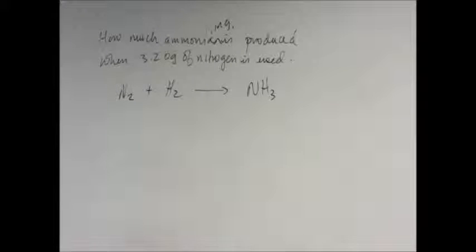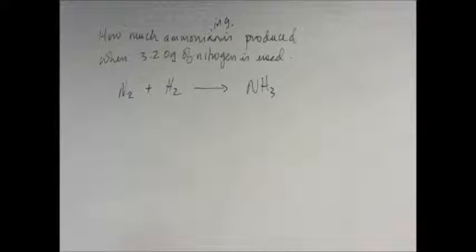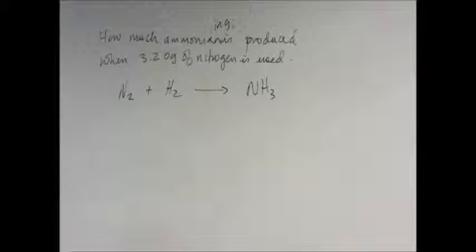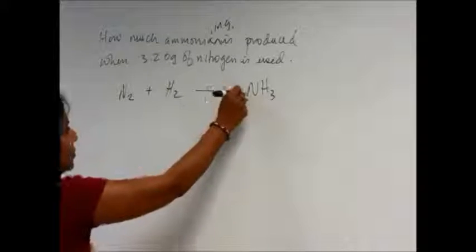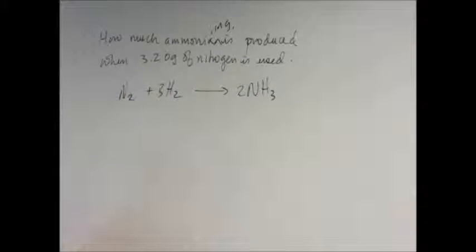In some cases, I will give you the equation because sometimes the equation is a little complicated. It is still your responsibility to make sure it's balanced. So make sure before you start that your equation is balanced. If your equation is not balanced, everything will be wrong. So here, let's balance the equation, which we've done already before, so that's all good.